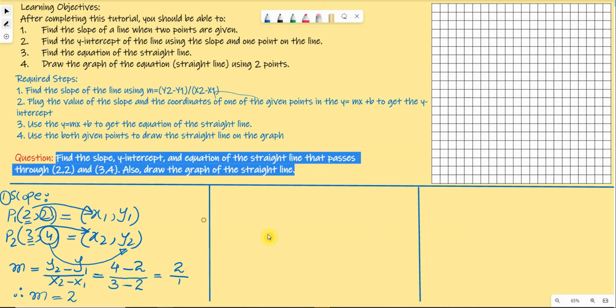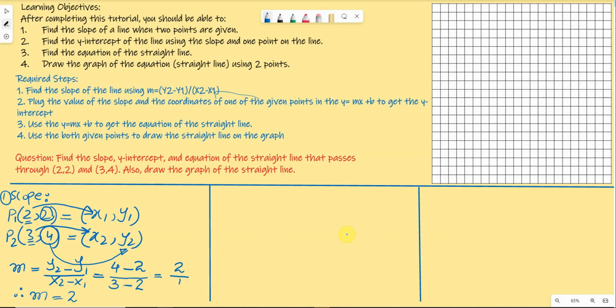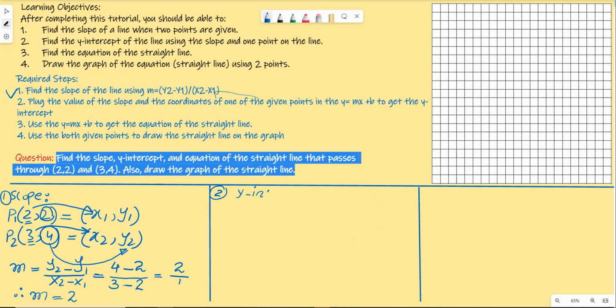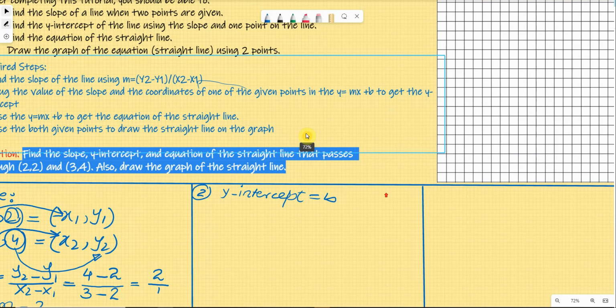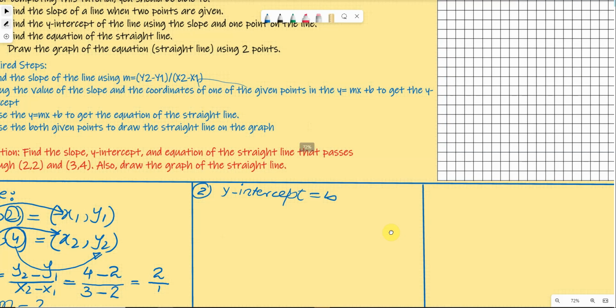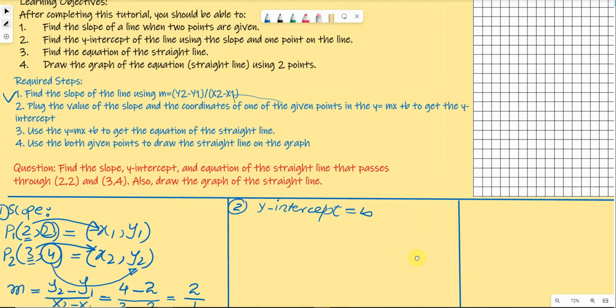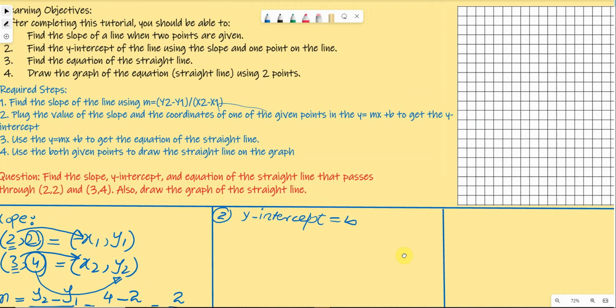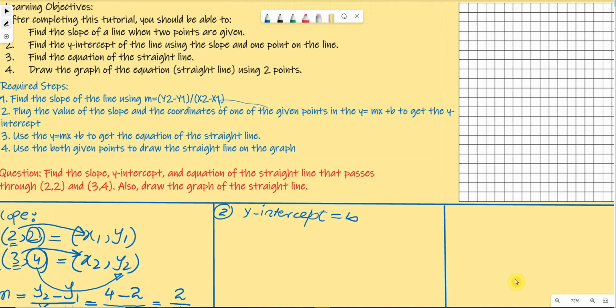We did step 1. We already finished. The second step is we have to find out the y-intercept, that is b. We have to find out the value of b. How will we find the intercept? You need one point.